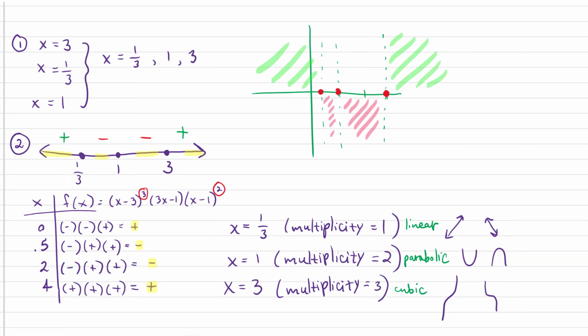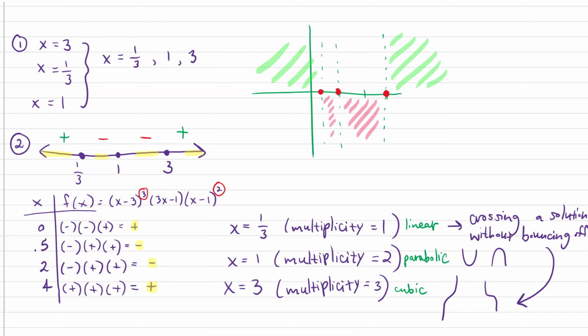What happens with multiplicity of 1 is that we're crossing a solution without bouncing off or creating something that crosses that solution in a cubic way either.